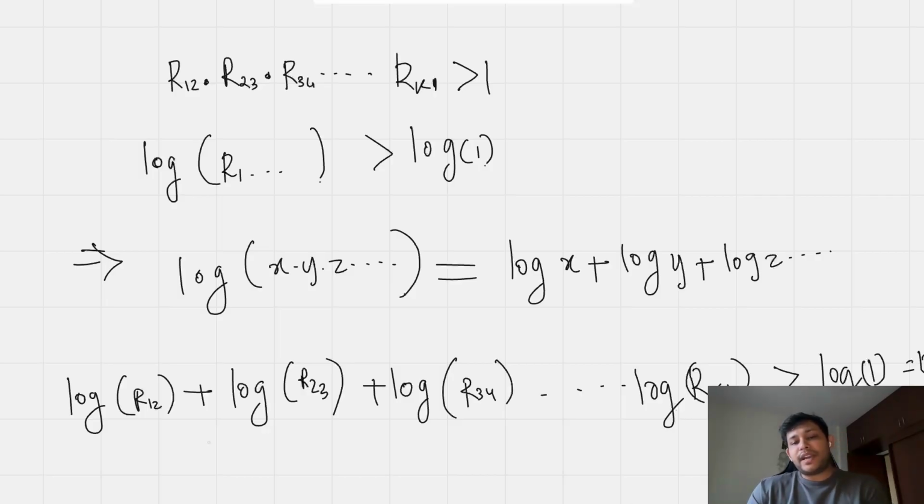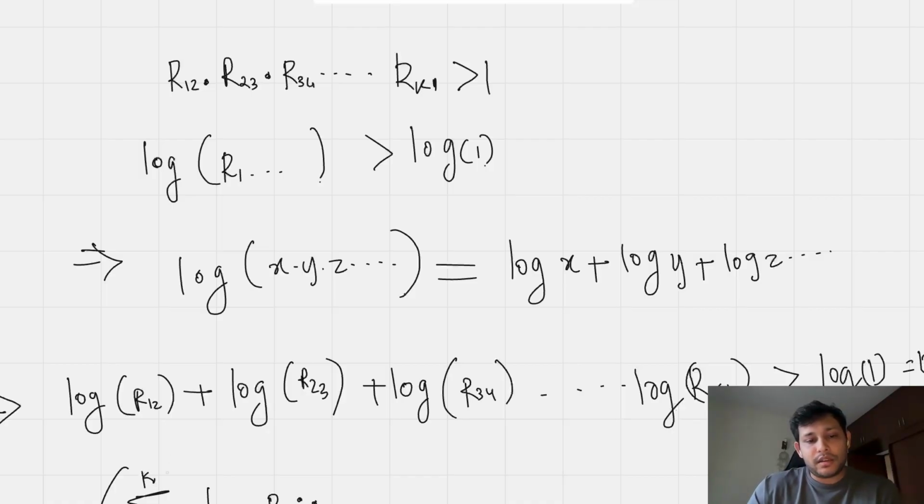Now, if I rewrite this equation further, it can be written like this: the summation of log of R i,i+1, where i ranges from 1 to k.